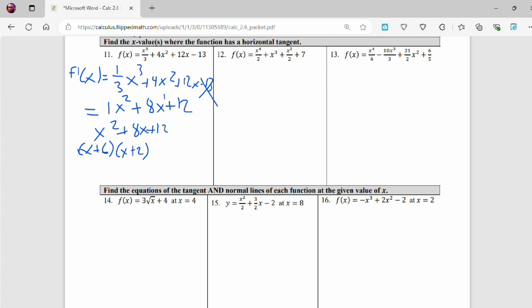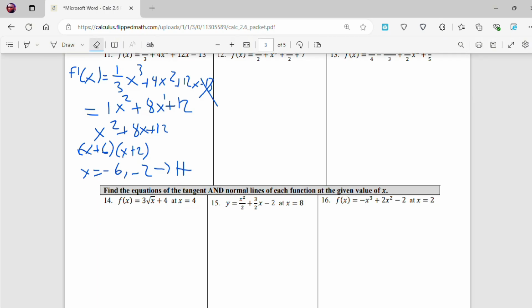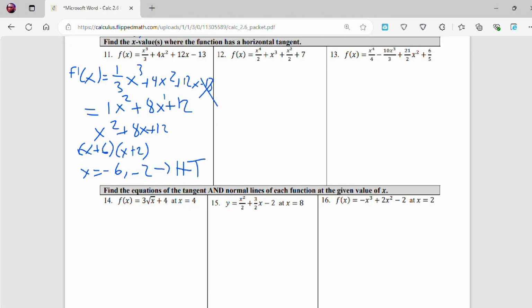So when x equals -6 or -2, you have a horizontal tangent. I wrote horizontal asymptotes as if we're still in unit 1. Horizontal tangent. Okay, pretty simple, right?